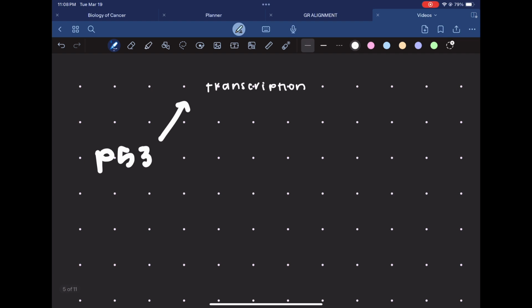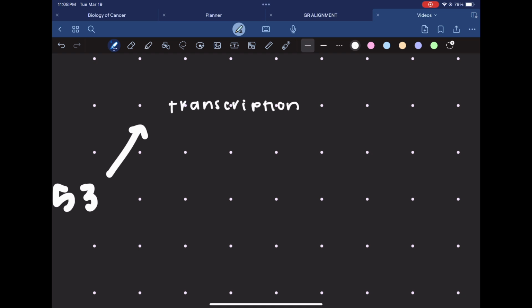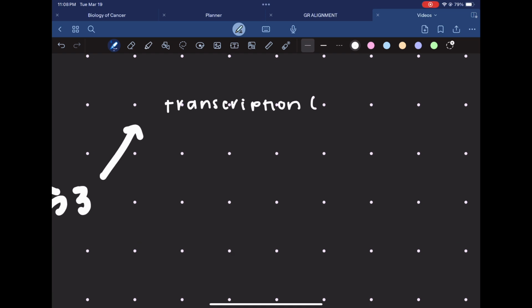So when I say transcription, I mean that this is p53 acting as a transcription factor in the nucleus, impacting the production of various genes. And to step through the genes that it will have an impact on, the first is that it's going to increase the production of our pro-apoptotic proteins, BAK and BAX.